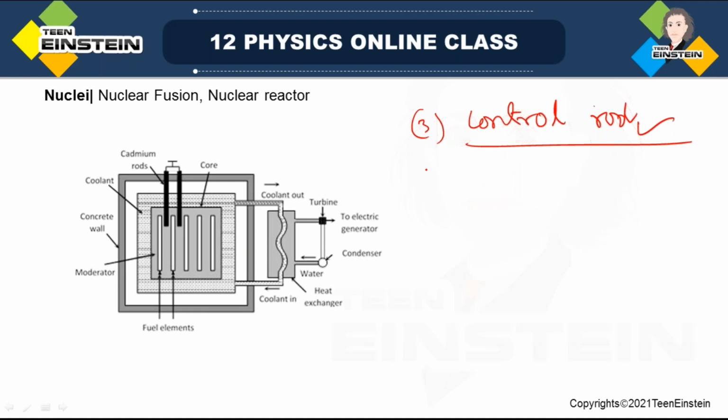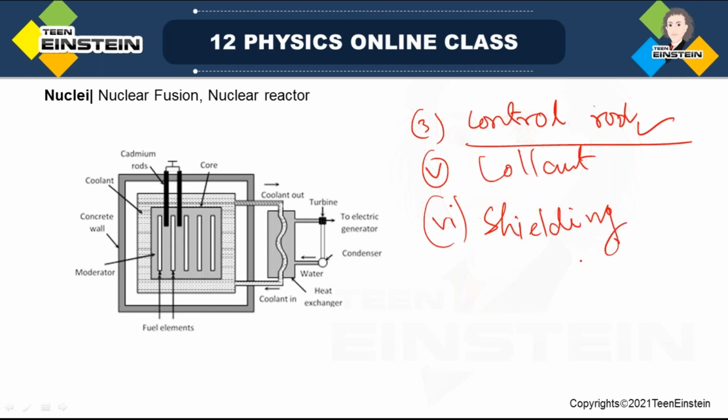So coolant, and then shielding. Shielding is needed because during this nuclear reaction, various energetic particles like alpha, beta, or gamma radiation will be produced, and that's why the core is protected by shielding, such that the radiations produced in the nuclear reactor will not penetrate through the body of the workers.